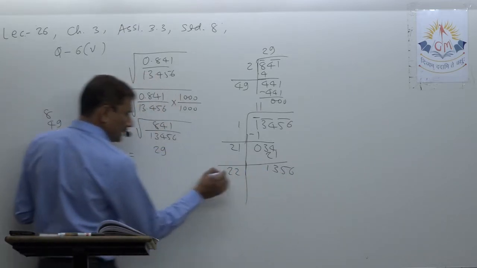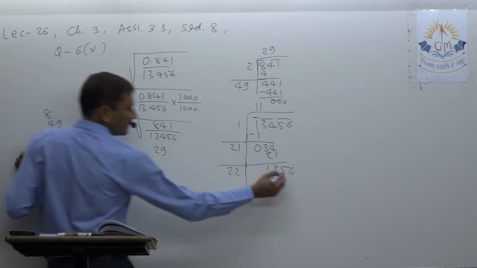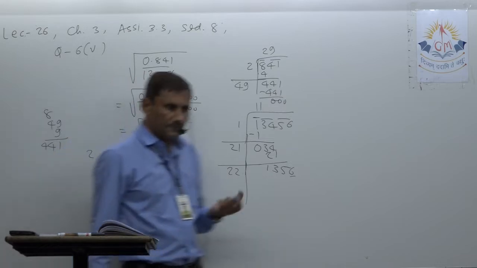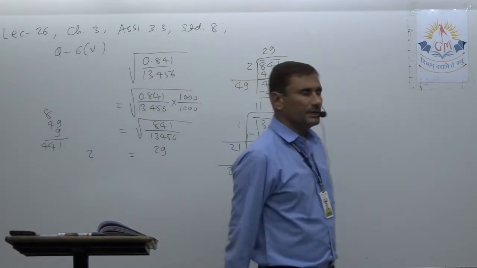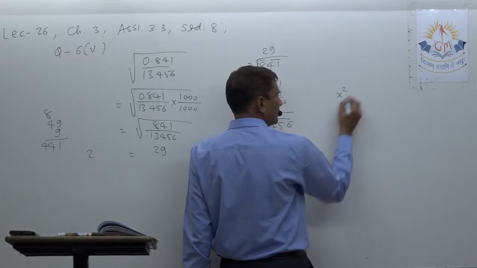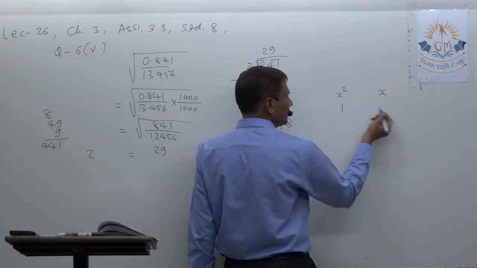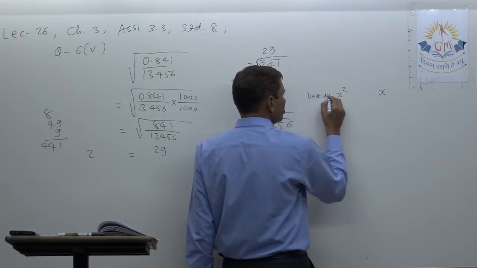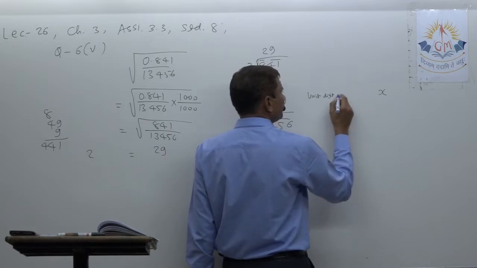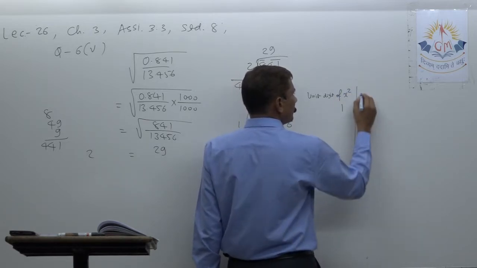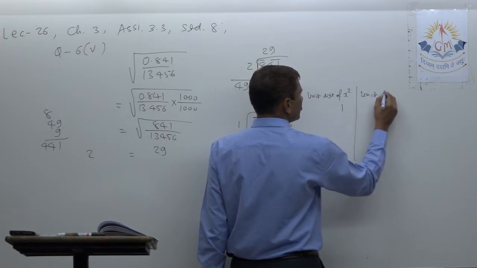Out of this, directly going to 6. Why? According to the unit digit you can predict. If the unit digit of the number is given, then you know: if the unit digit of x square is 1, then you can predict the unit digit of x.